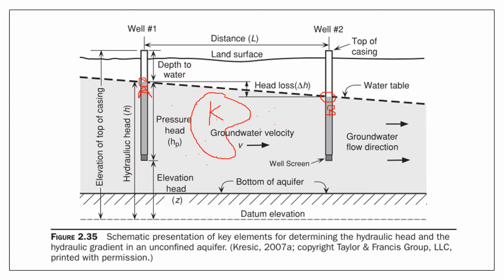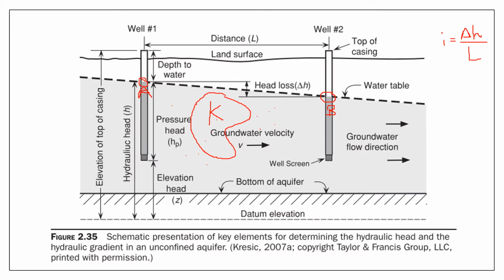So now we have K. Another important parameter is your I, or your hydraulic gradient, which is delta H, your hydraulic head loss, divided by the length of the flow.